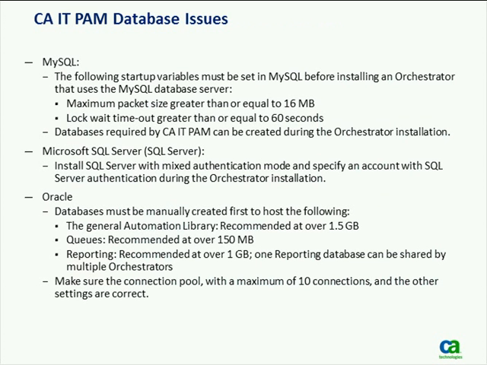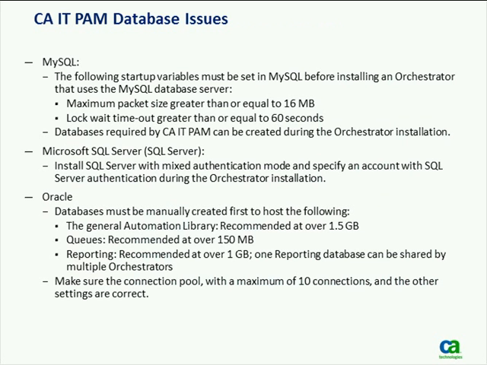Okay? In Microsoft SQL Server, it's fundamental that you install it with mixed authentication mode, and you must specify an account with SQL Server authentication during the orchestrator installation. Okay? In Oracle, the databases, like I said, must be created manually. Okay? First, in order for the process to go well, for the general automation library they recommend over 1.5 gigabytes.